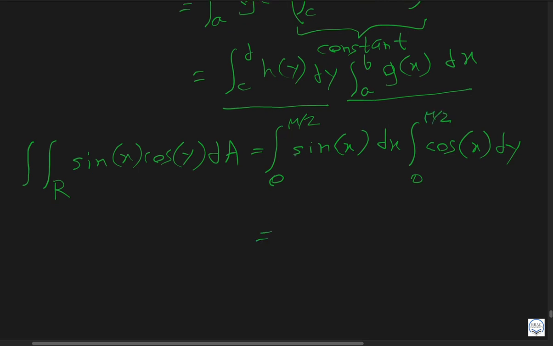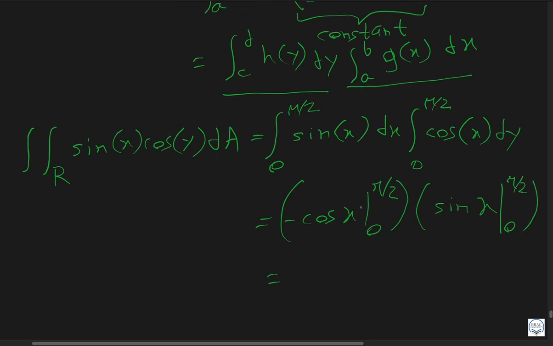And this is just minus cos x times the integral of cos x, which is sin x. Cos pi by 2 is 0, cos 0 is 1, so we have got 0 minus 1, minus minus 1, because cos 0 is 1, we have a minus over here, and this is the lower limit, so we get minus minus 1.